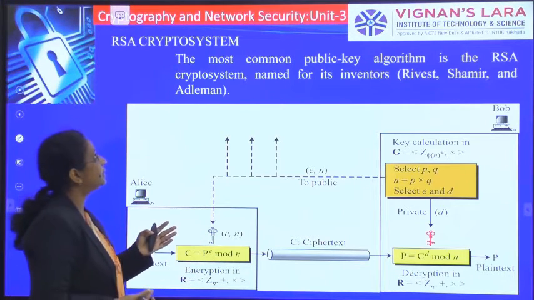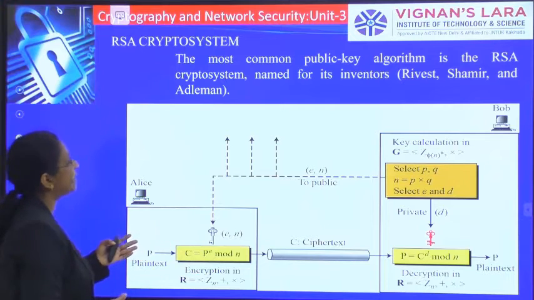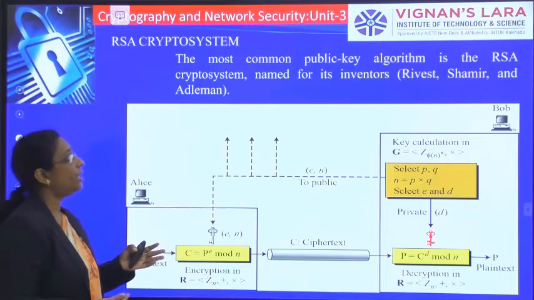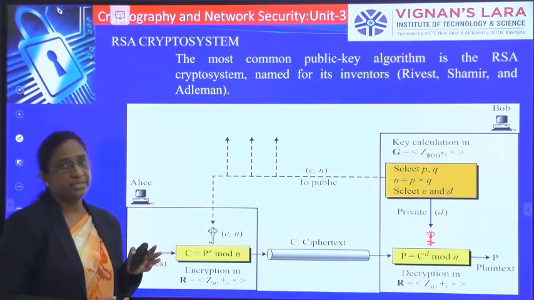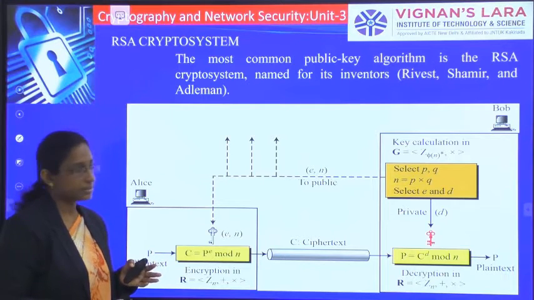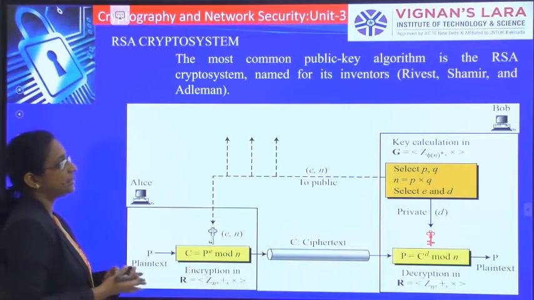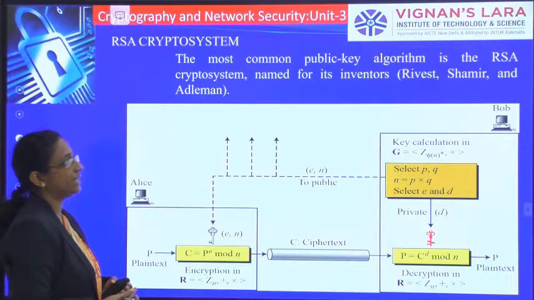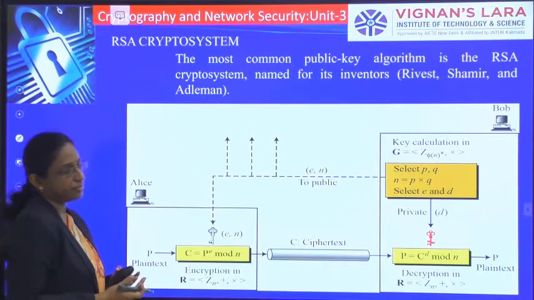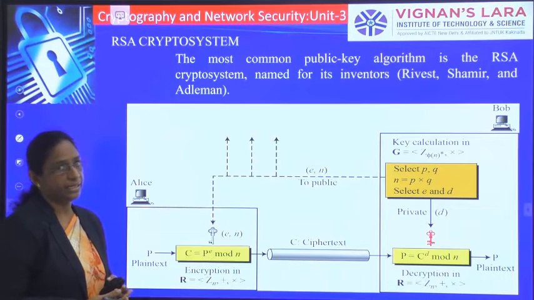The first one we are going to study is the RSA crypto system. This RSA crypto system is an asymmetric key crypto system, and it is the most commonly used public key algorithm.